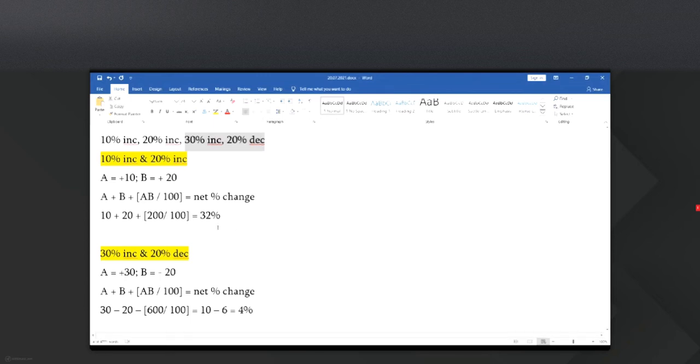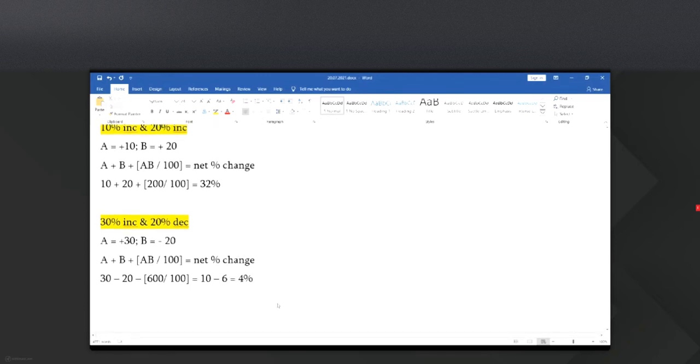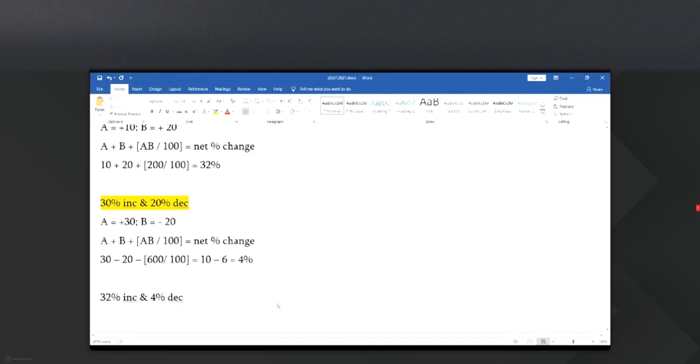So now I have to see what is the net change of a 32% increase and a 4% decrease. So A is equal to plus 32 and B is equal to minus 4.